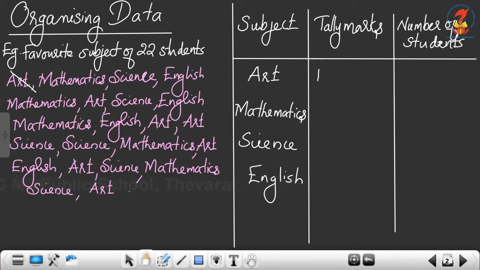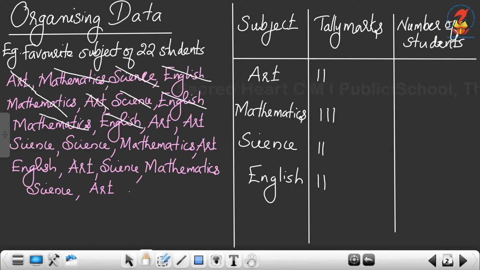Then next mathematics, science, English, then again mathematics, art, science, English, mathematics, English, art, again art, then science, again science, mathematics, art. So the fifth one you have to close it.